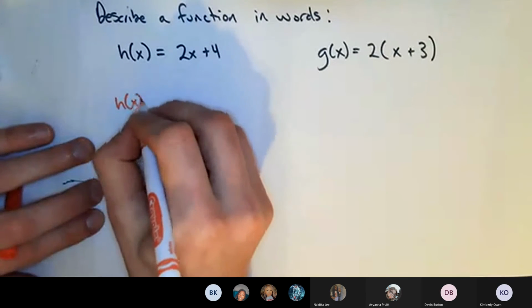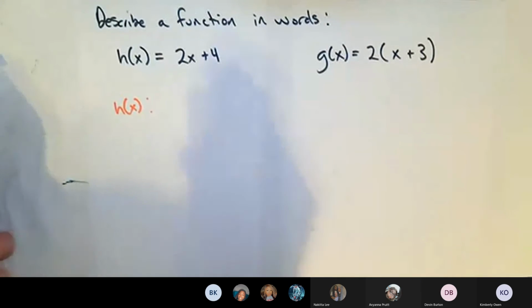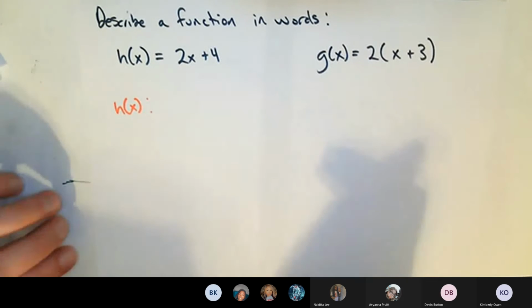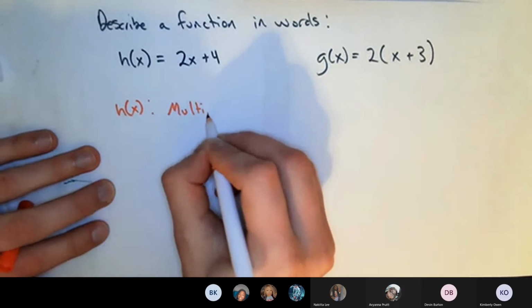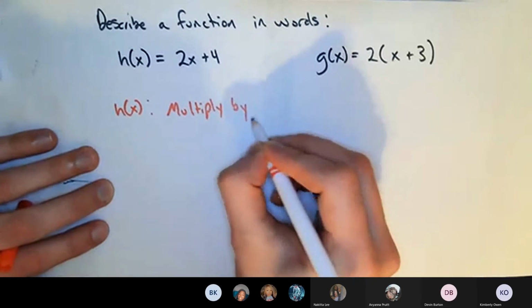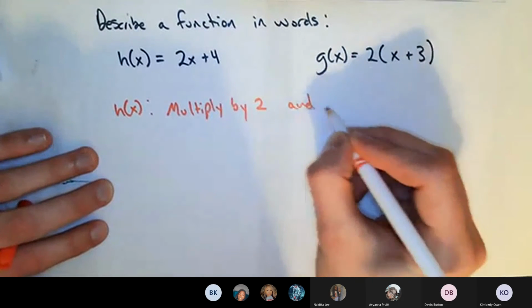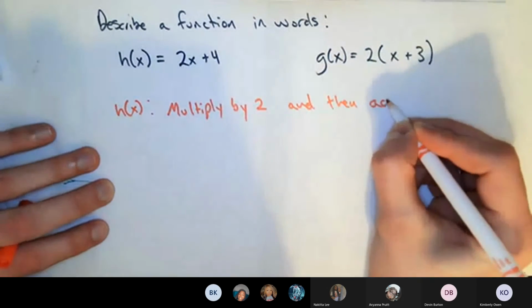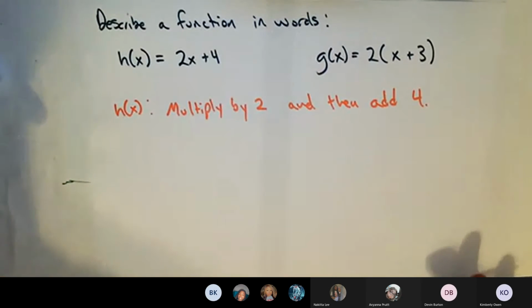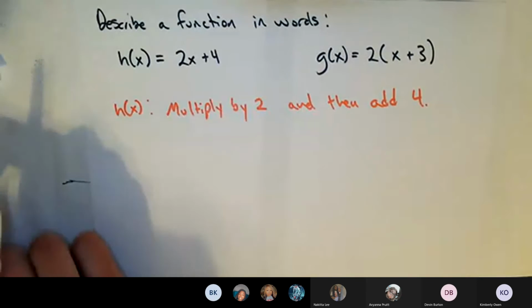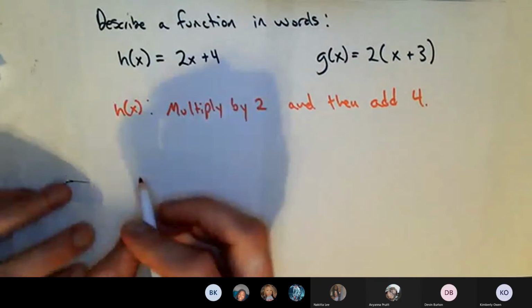So for h of x, we would say, what happens to x? In order, we multiply by 2 and then add 4, right? If you plug in x equals 1, you would multiply it by 2 and then add the 4.